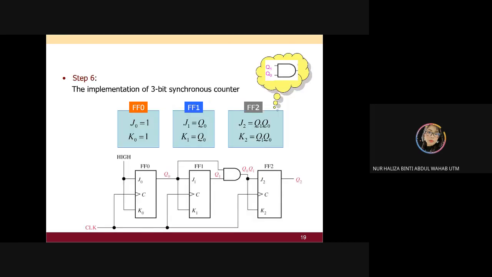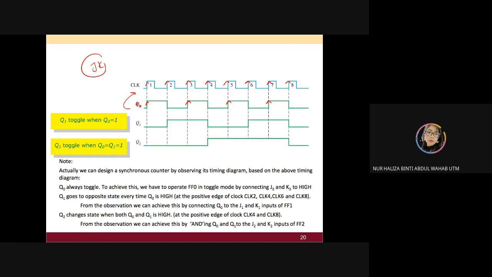get your Q1. How are you going to get your Q1 here? Your Q1 will be referring to the input of Q0. J, K1 is referring to your Q0. So although you're going to trigger your inputs, your clock here is only this one.